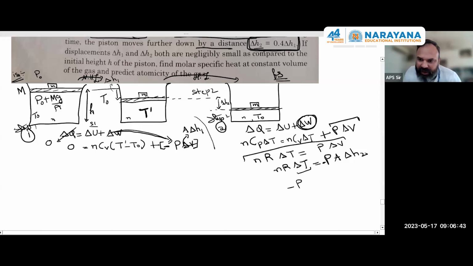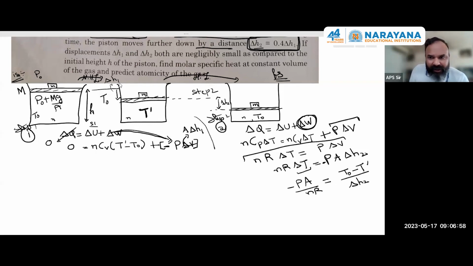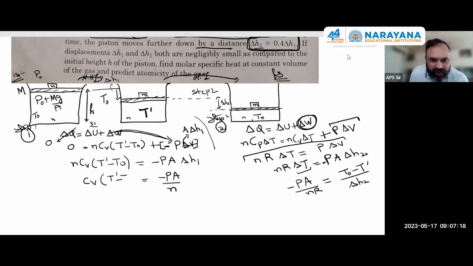So just focus on delta H and delta T, rest will be taken care of. So I'm writing minus PA upon nR into delta H2, and delta T of this step, which is T naught minus T intermediate, which is T prime. And if I write this term here it is nCv (T prime minus T naught) is minus PA delta H1 type of term. So if I write again, it is minus PA upon n is Cv into (T prime minus T naught) upon delta H1.